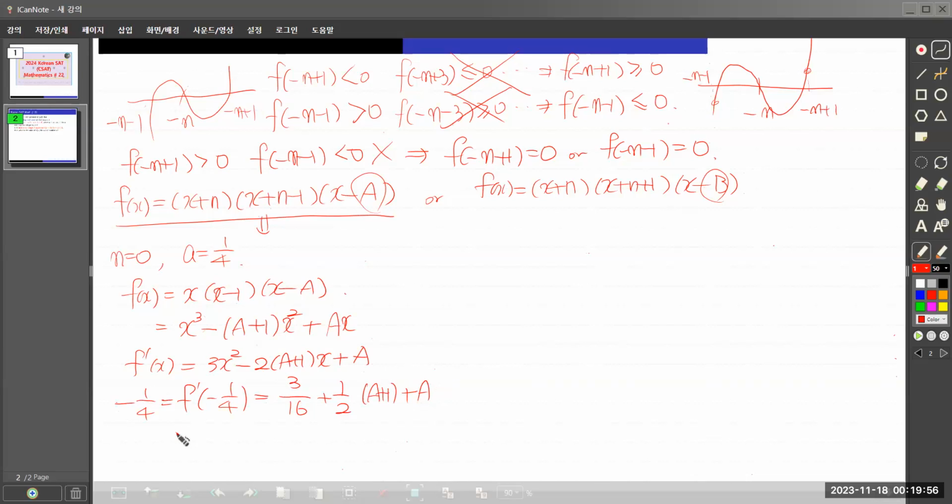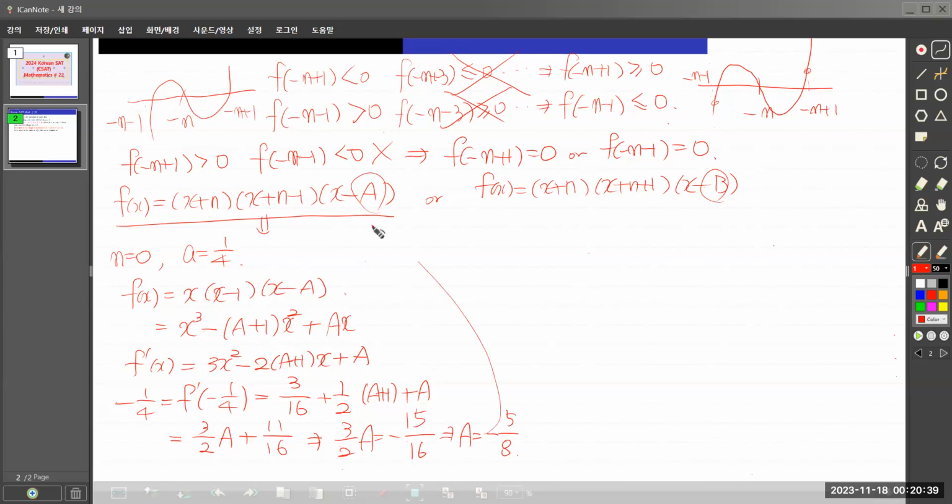If you compute this one, then 3 over 2a plus 8 over 16, so 11 over 16. So from here, you can have 3 over 2a is equal to negative 16 over 15. So we can have a is equal to negative 5 over 8 in here.